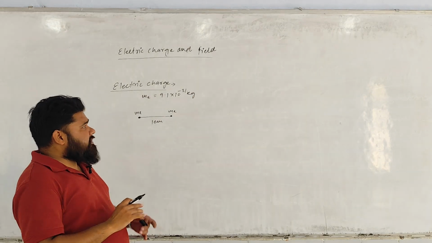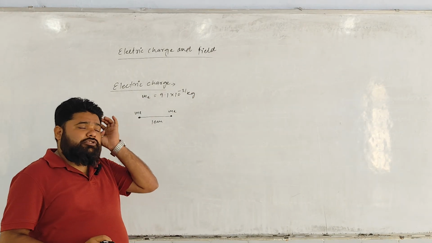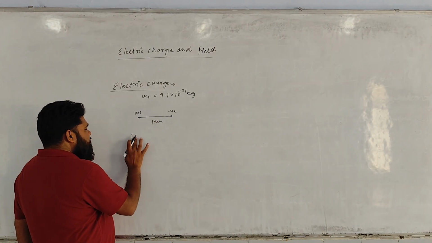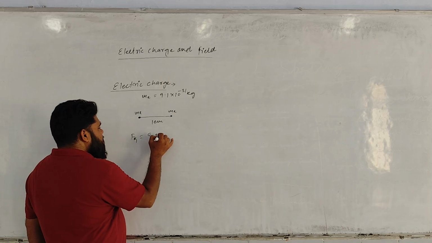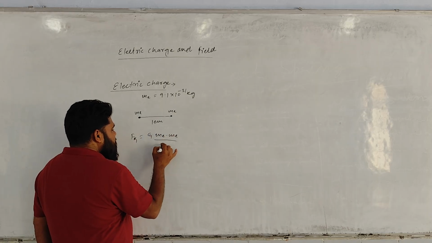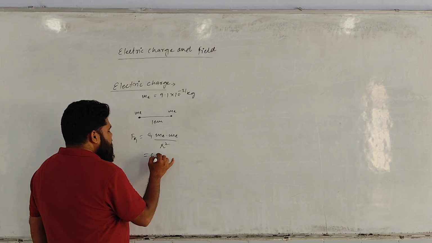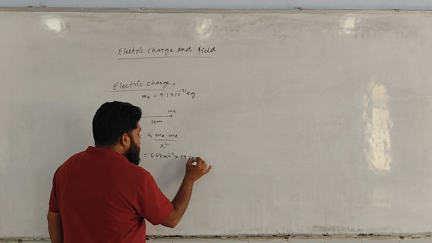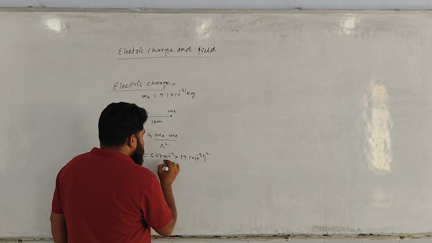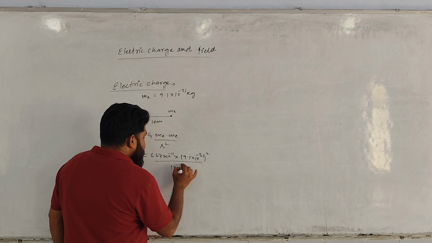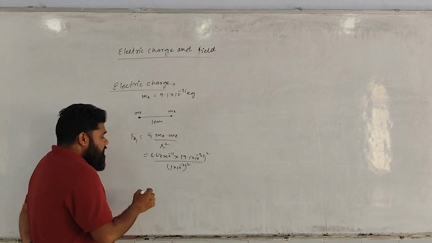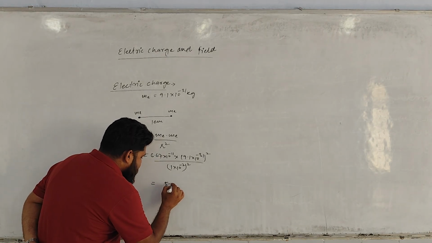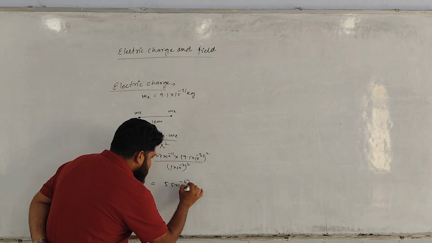The gravitational force of attraction between these two electrons is F equals G Me into Me over R square, which is 6.67 into 10 to the power minus 11 into 9.1 into 10 to the power minus 31 of whole square upon 1 into 10 to the power minus 2 of whole square. If we solve this value, we get 5.5 into 10 to the power minus 67 Newton.